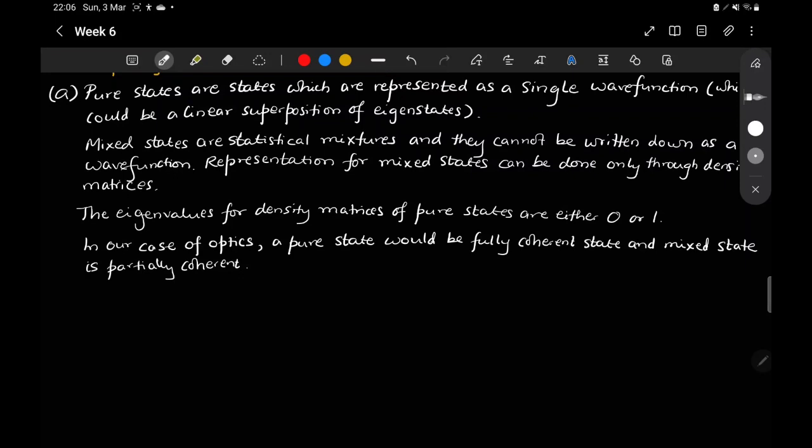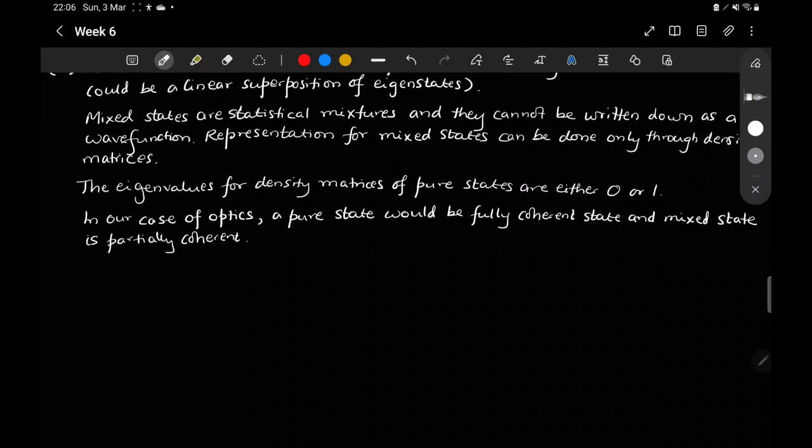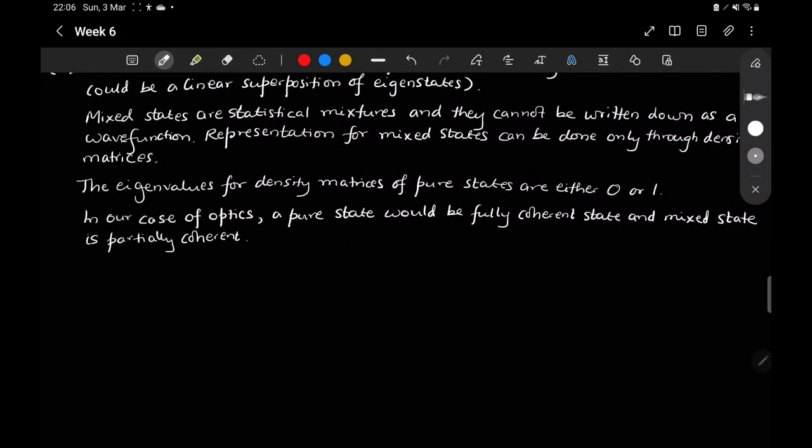In our case of optics, a pure state would be a fully coherent state and a mixed state is partially coherent.